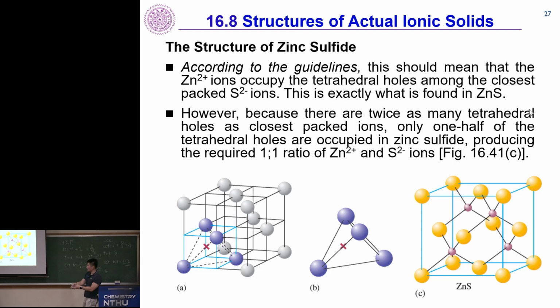But because of the charge, we cannot actually have 8 zinc inside because we only have 4 sulfide. So what happens is zinc occupies every other site. 1 missing, 2 missing, 3 missing, 4 missing. So it only occupies 4 out of these 8 tetrahedral holes. Why not occupy the octahedral hole? We have 4 octahedral holes, but it's too small, right? You cannot actually fit zinc in the octahedral hole.